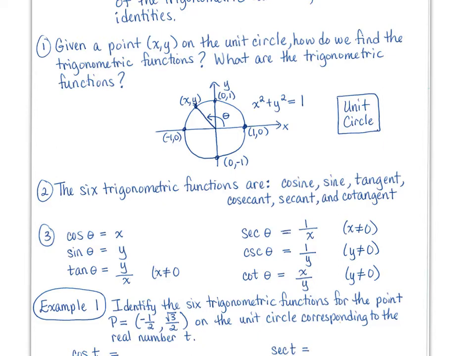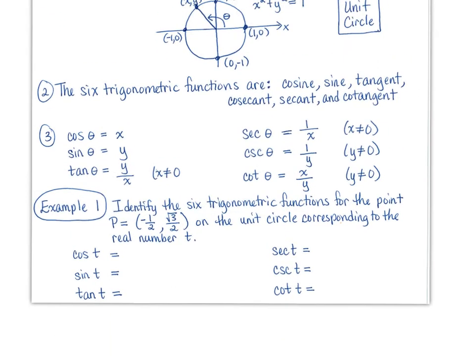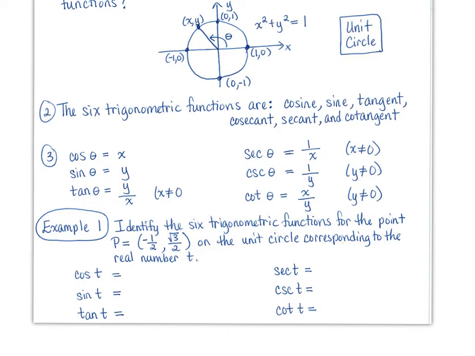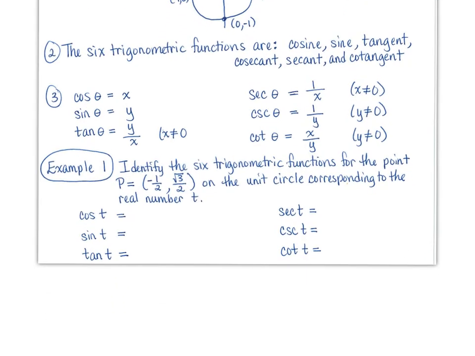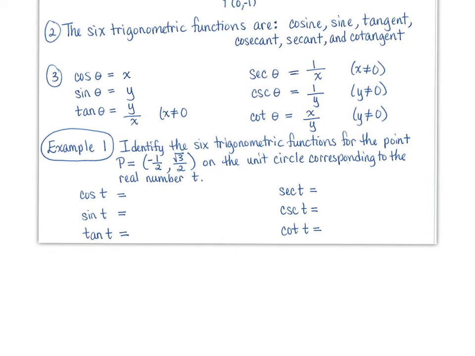Okay? All right. So, you will need your unit circles. Hopefully you have them memorized by now. But let's go through and identify the 6 trigonometric functions for the point P corresponding to negative 1/2 and square root 3 over 2 on the unit circle corresponding to the real number T. Cosine of T here is what?